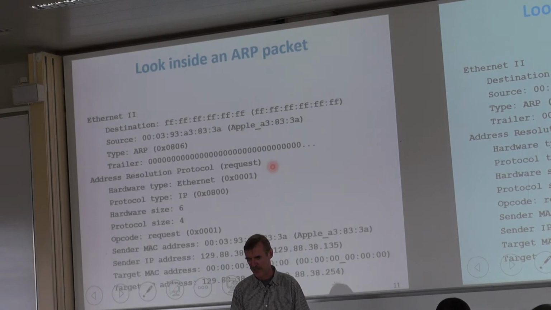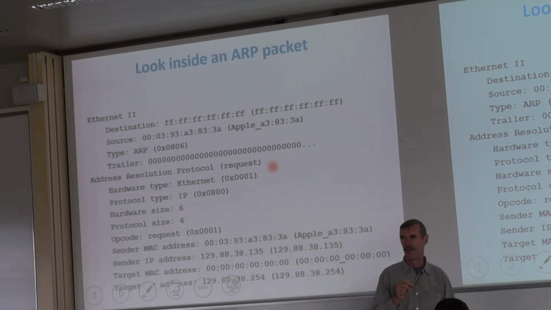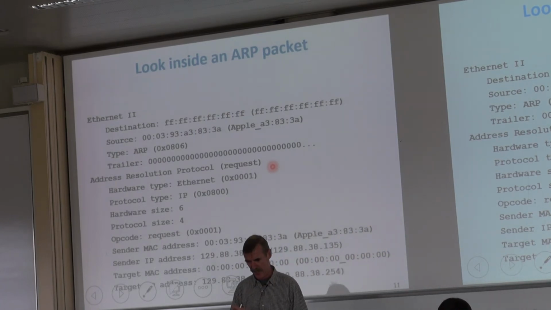So here the hardware type means the protocol type inside the Ethernet packet. And here it says Ethernet, and it says ARP, sorry. So the protocol type will say ARP. And all the text that is here is contained inside the ARP message.